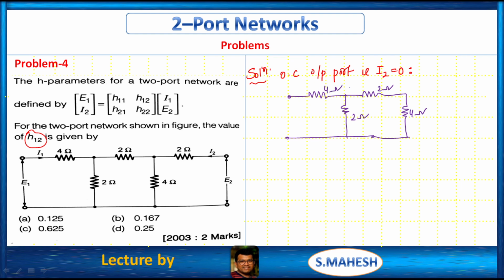That's it. When the output port is open circuited, this part is 0, because there is no current through this branch.